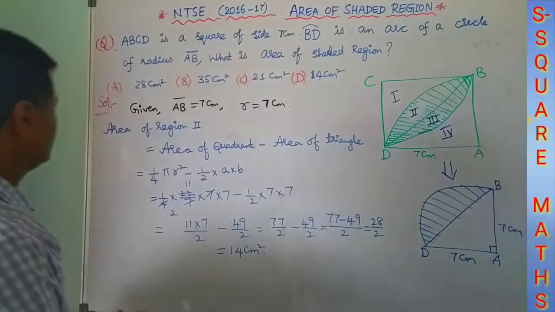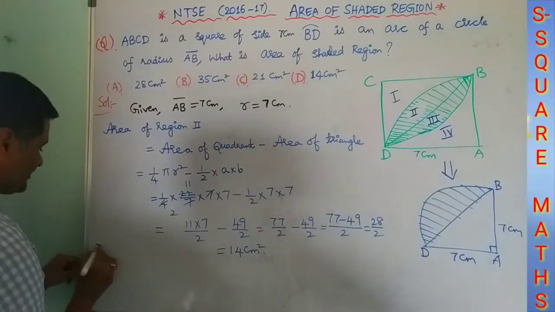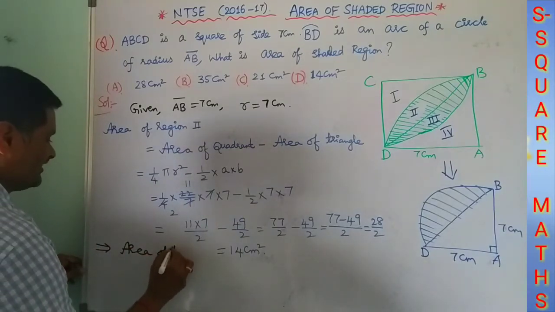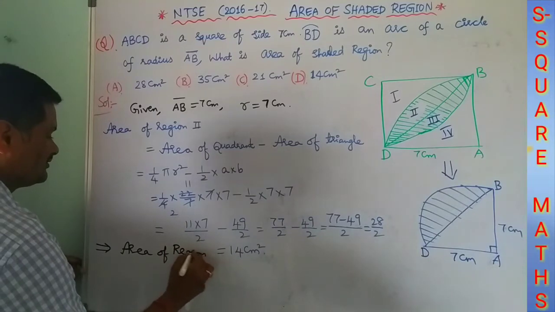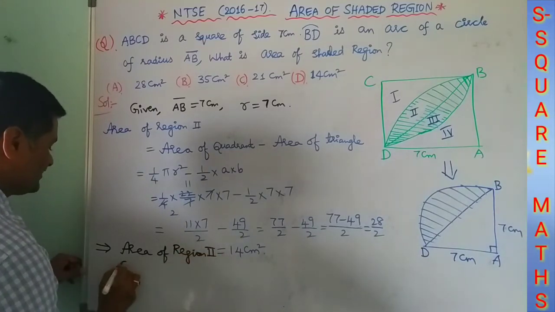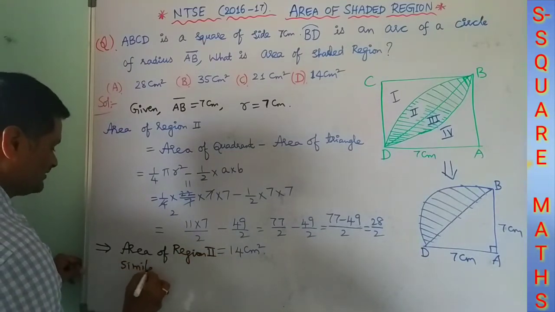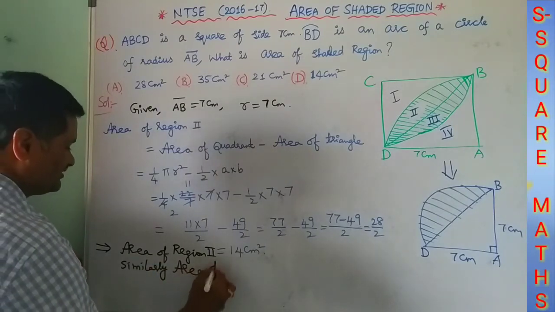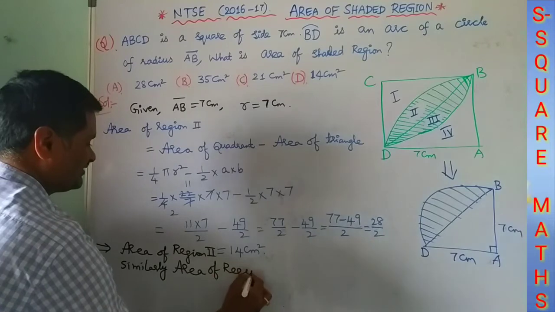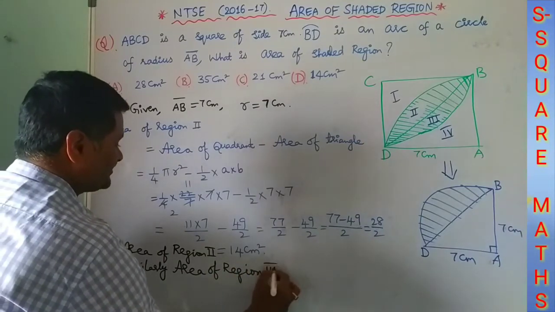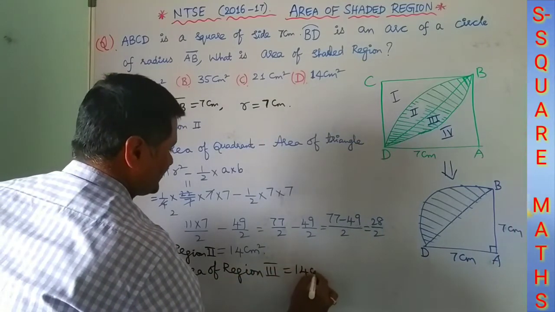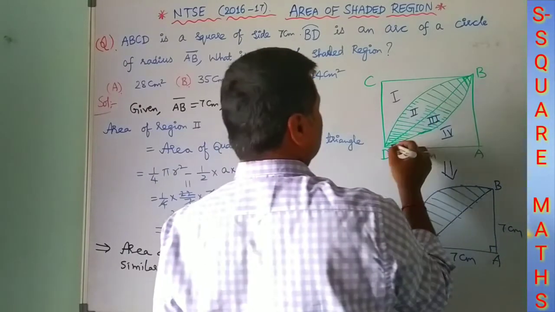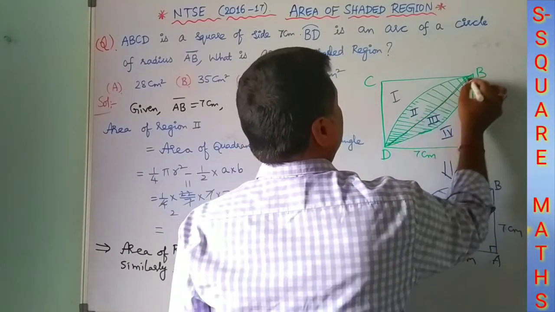So now, therefore, the area of region 2 is this one. Similarly, the area of region 3 is nothing but 14 centimeter square. So here this is region 3.